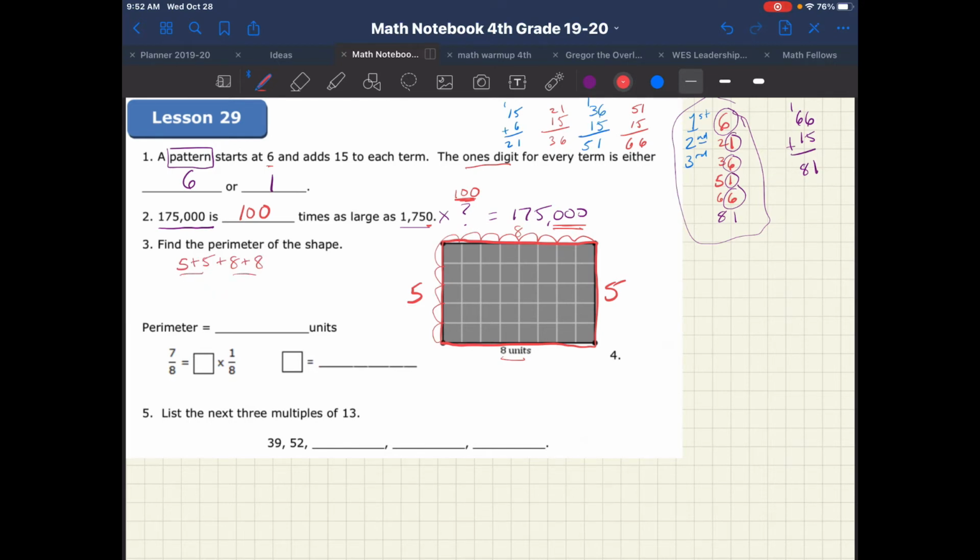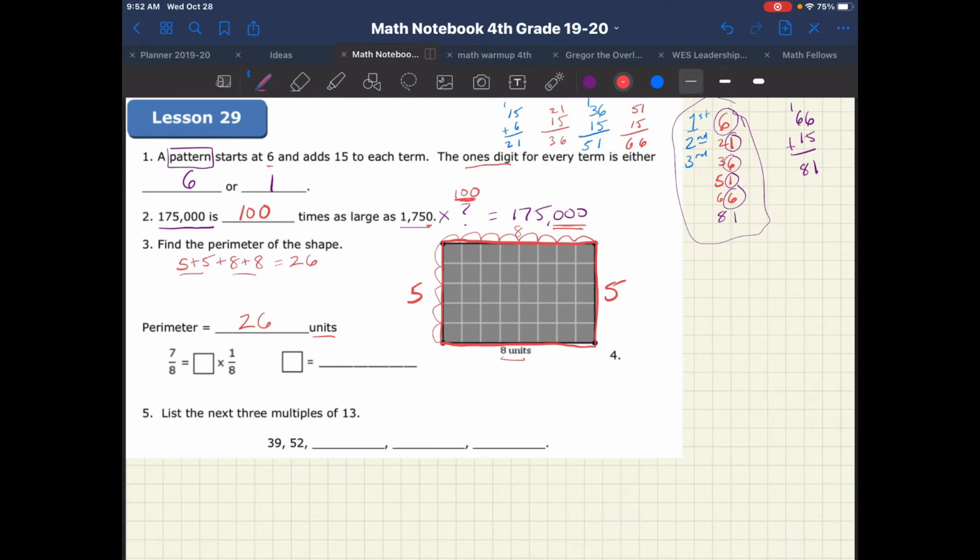Let me see, that's 10, that's 16. 10 plus 16 equals 26. My perimeter is 26 units. And unit just means they're not telling us if it's feet or miles or inches. Whatever those squares are, there's 26 sides as we count all the way around.